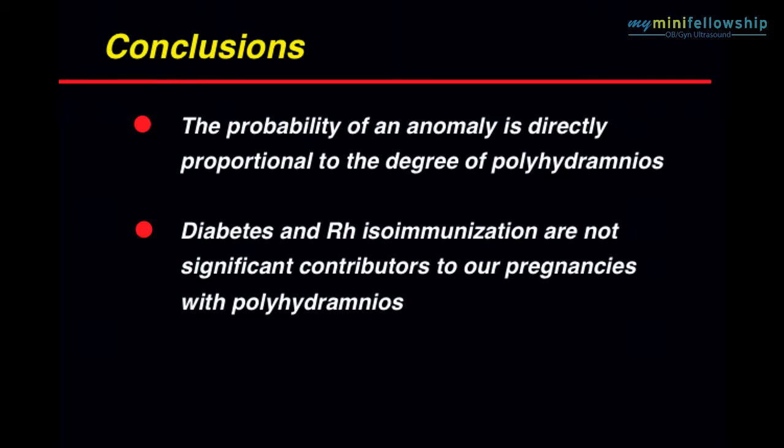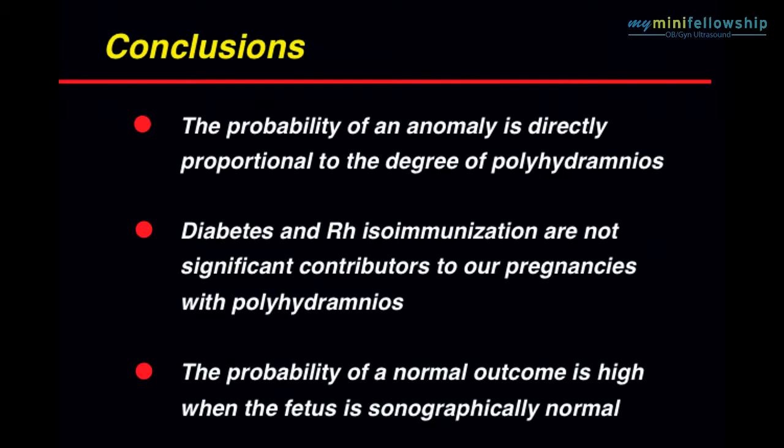So if the requisition says diabetes or Rh isoimmunization, I'm not going to be lulled by that information. I'm going to redouble my efforts to check out the fetus to make sure I'm not missing an anomaly, and I am not simply going to ascribe polyhydramnios to either diabetes or Rh isoimmunization.